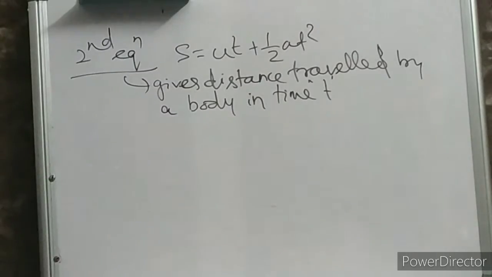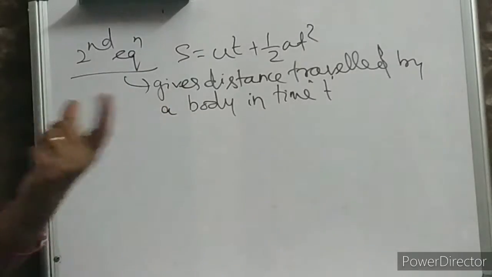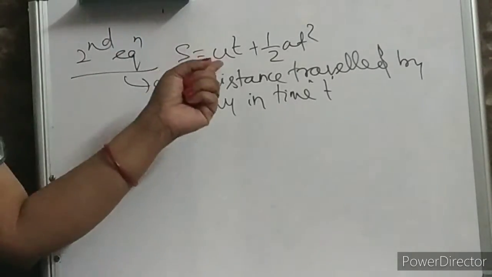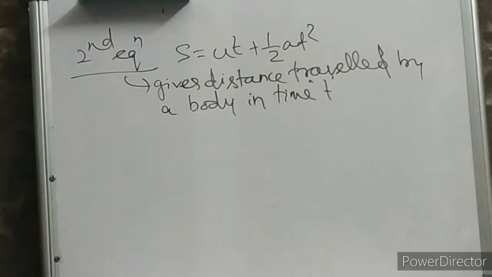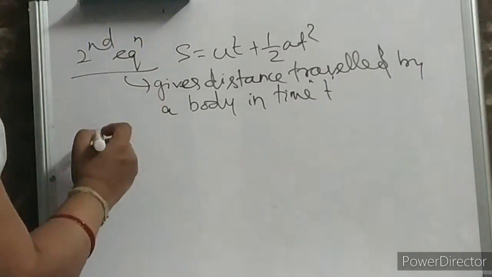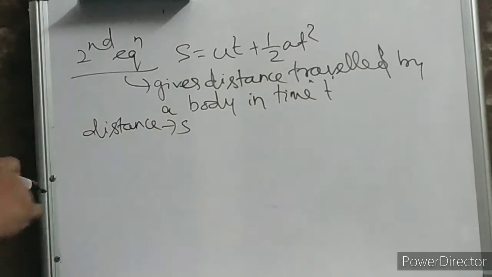Now what is this s? Suppose a body has initial velocity u and uniform acceleration a for time t, so that its final velocity becomes v, and let the distance travelled by the body be s. Other parameters are as in the previous one. We know what average velocity is.